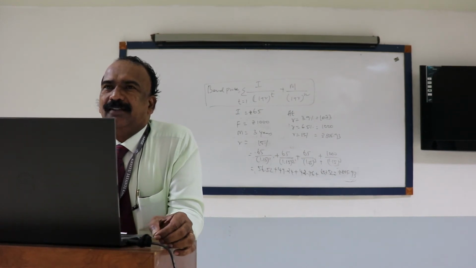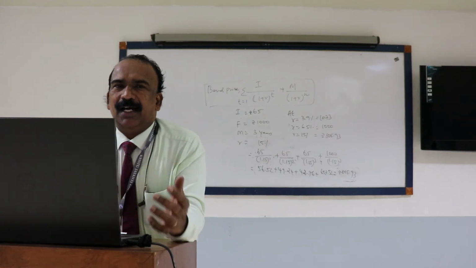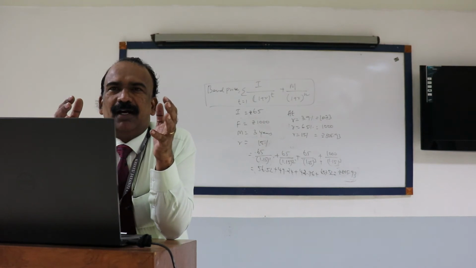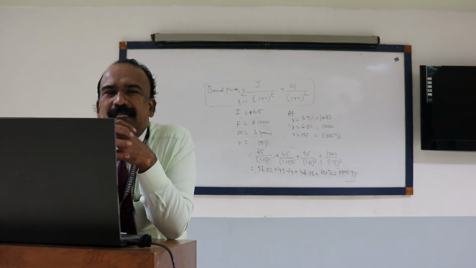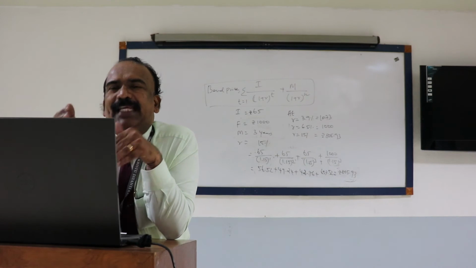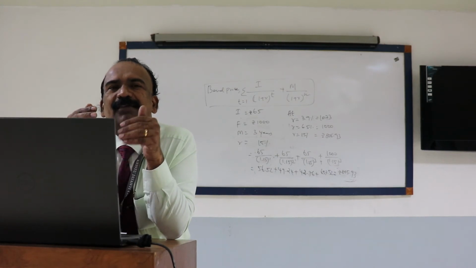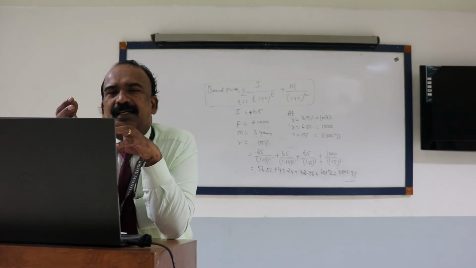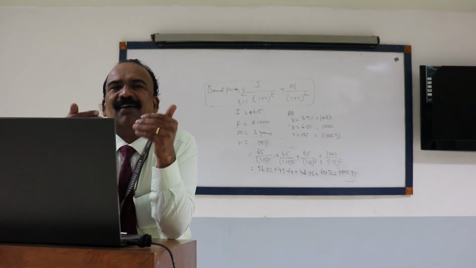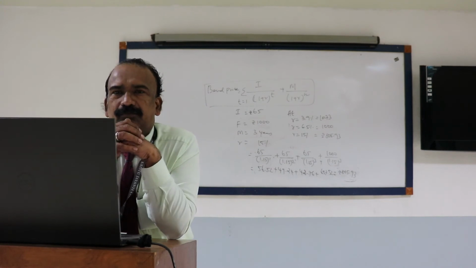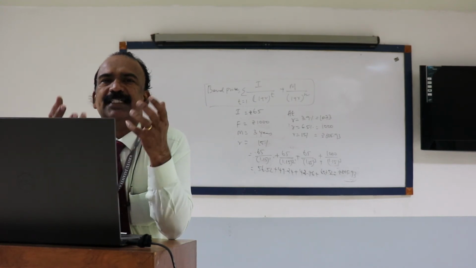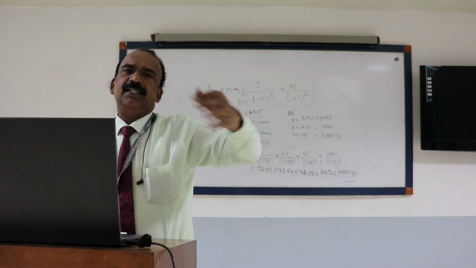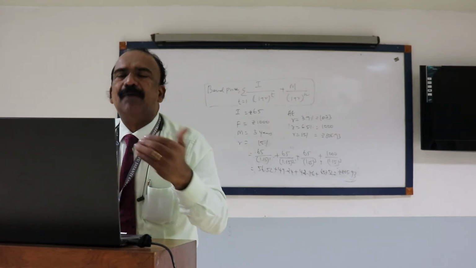So I repeat again, as I was telling you earlier, at the beginning of the session, the bondholder will be receiving the interest after 1 year, and after 2 years. So what is the value of that cash flow today? It is a cash inflow for the bondholder and a cash outflow for the company.